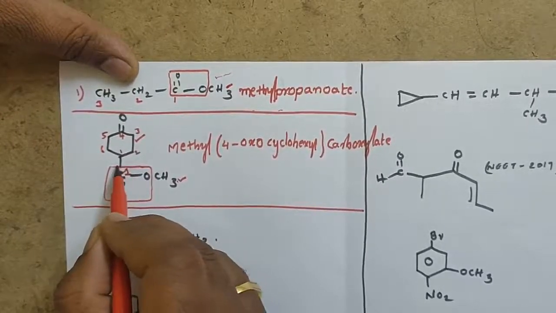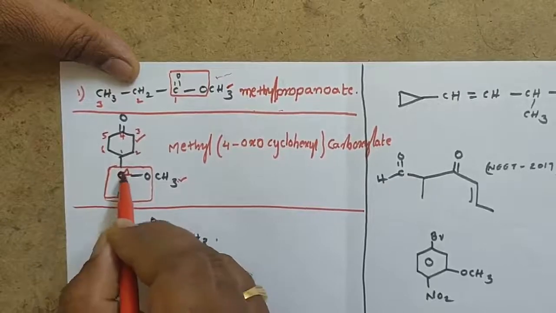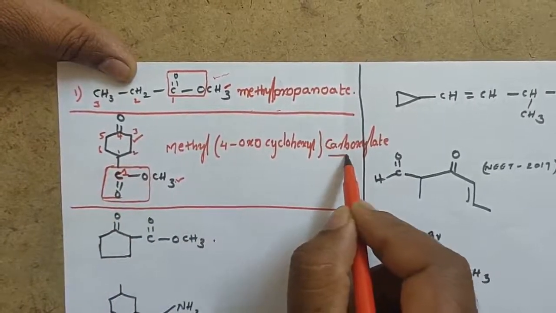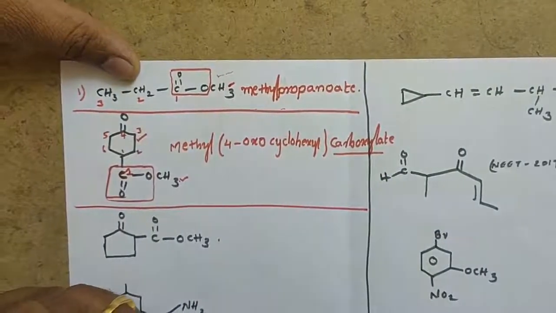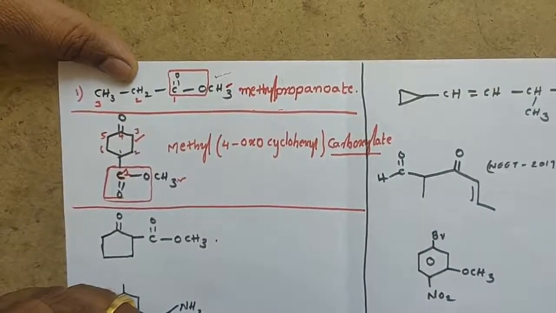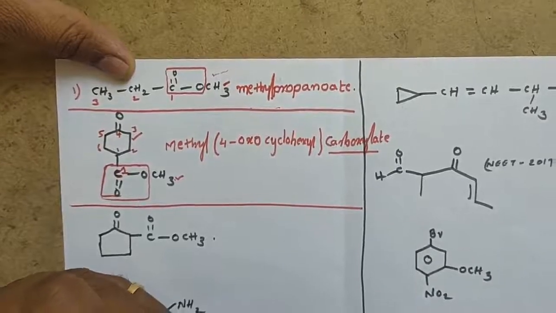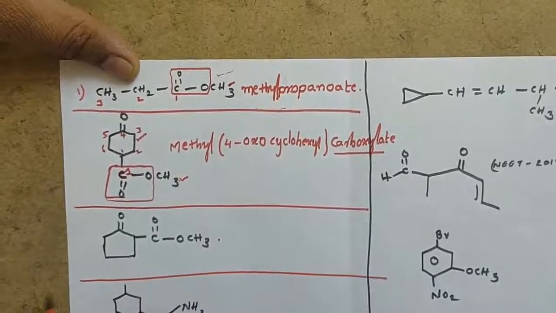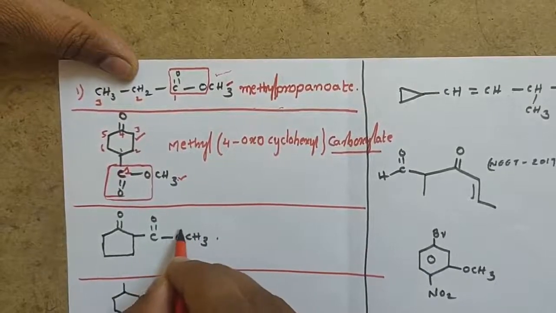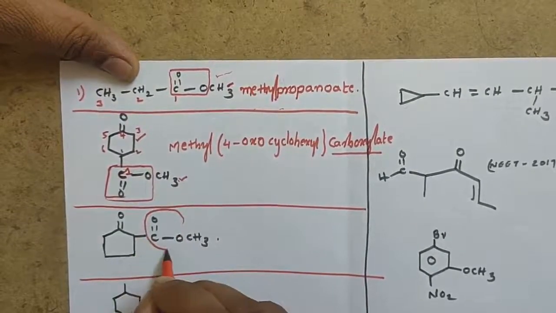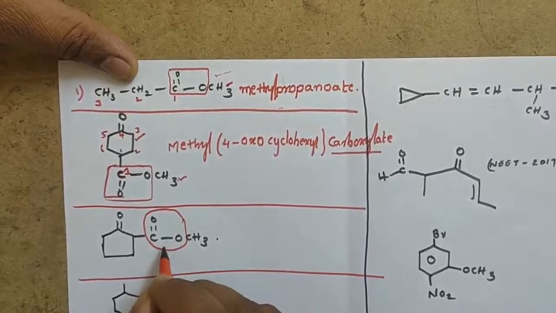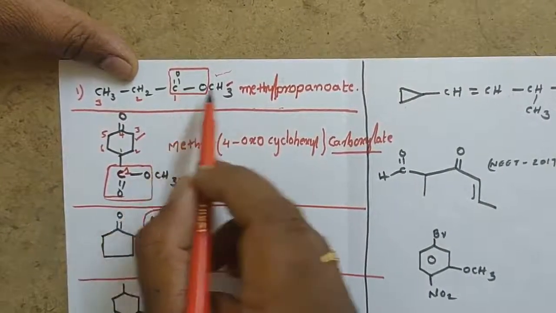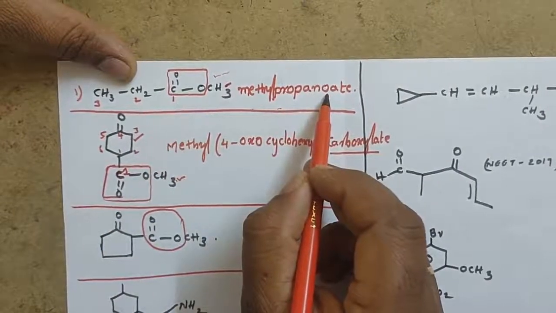When this type of ester functional group is attached to the cyclic ring, then we have to use one word that is called carboxylate. Okay, and next, if you look at the same molecule here, you will understand. Here is the functional group. What is the functional group present here? Ester. See, here also the functional group is ester, but our suffix is oate.